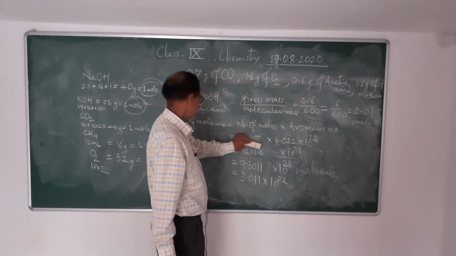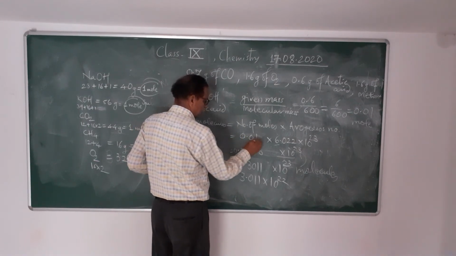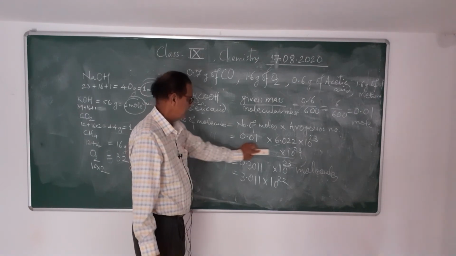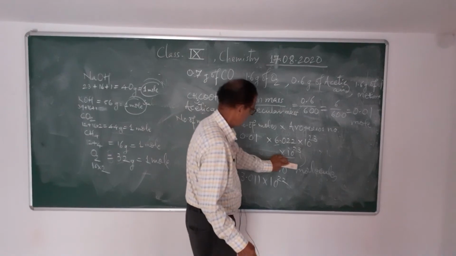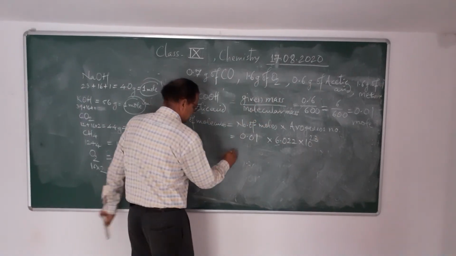And again here 0.01 into 6.022 into 10 raised to power 23. Solve this.